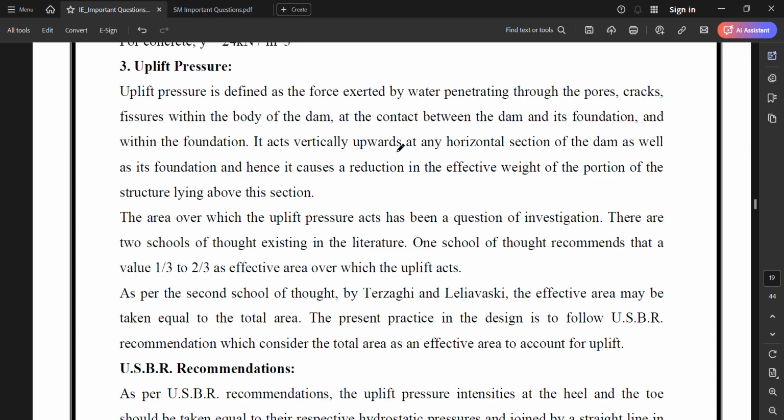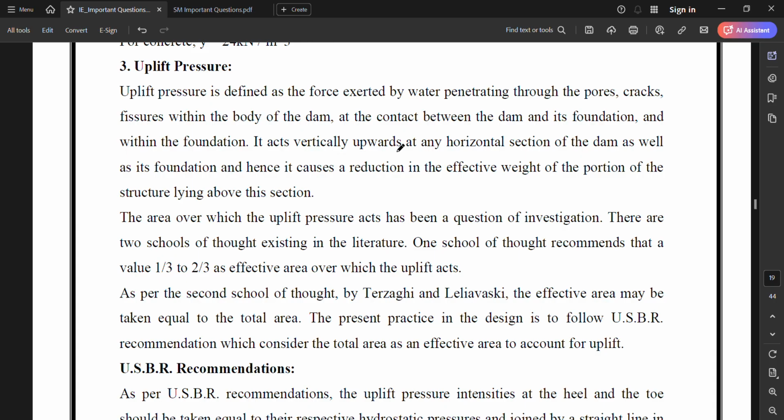As per other studies done by Terzaghi and Leliavsky, sorry for the name, the effective area may be taken equal to the total area. Terzaghi says that the total area is effective, it is the total area on which uplift acts.